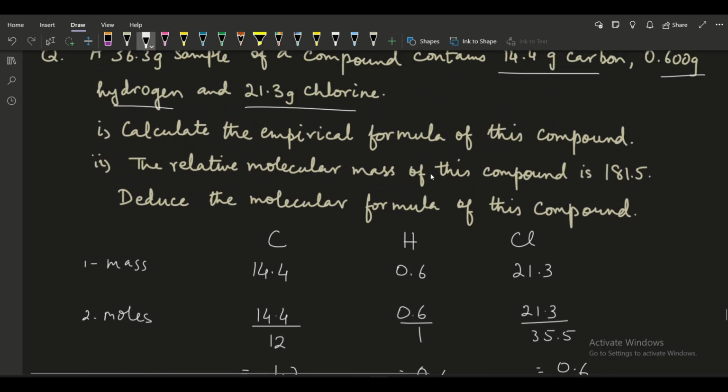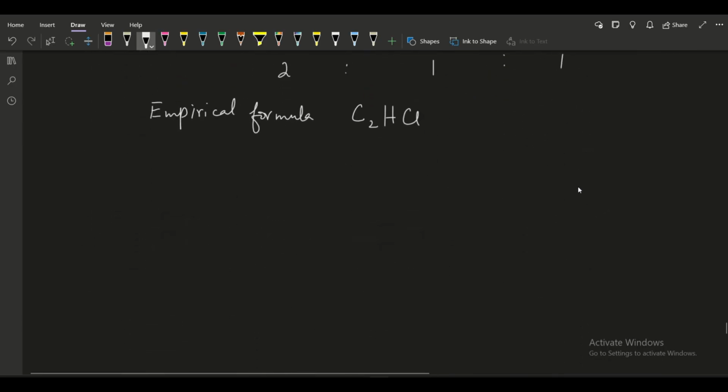Now again we have to find out the molecular formula. The relative molecular mass of this compound is this much. So for that, first of all, you have to find out the empirical formula mass. It would be 12 multiplied by 2 plus 1 plus 35.5 for chlorine, and your answer would be 60.5.